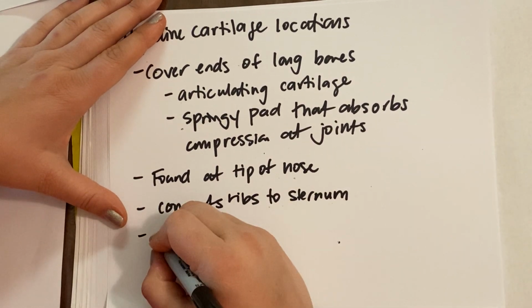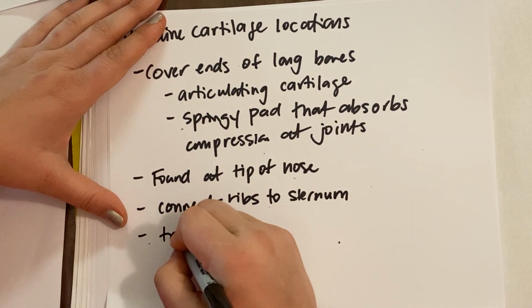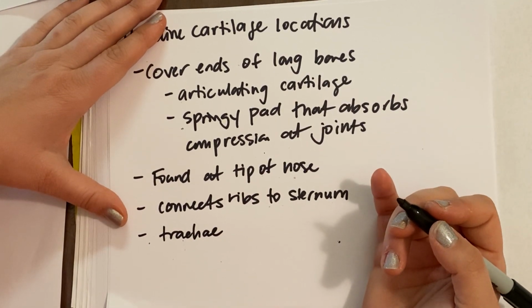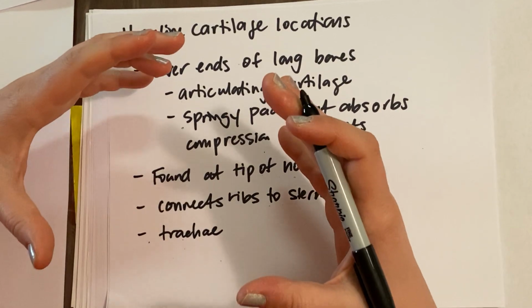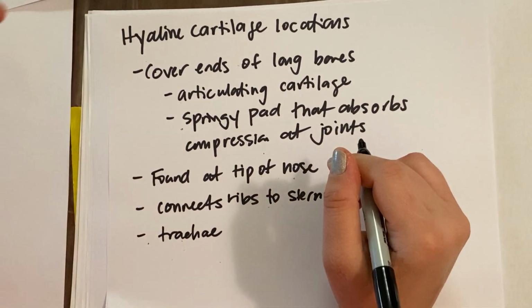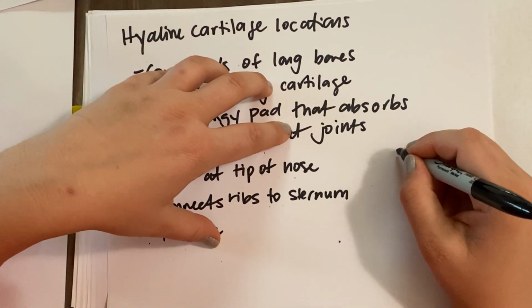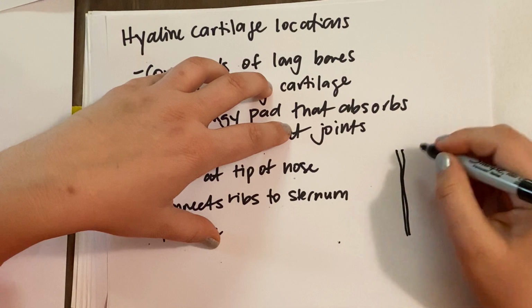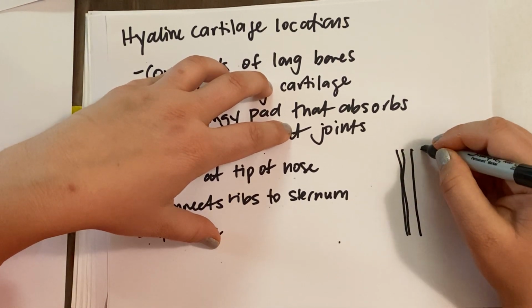It's also going to be found in the trachea and other upper respiratory system pathways. It kind of gives them support. The trachea is very different from something like the esophagus because it needs to stay open. The esophagus can be kind of closed until food's going through it, but we need the trachea to have some structure.